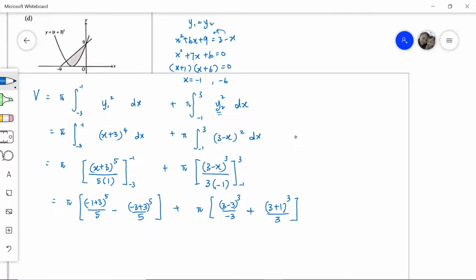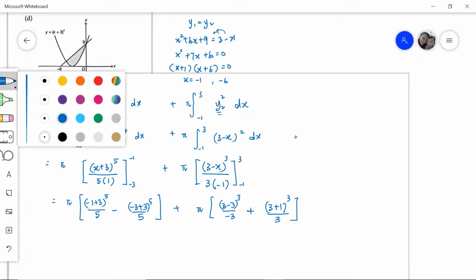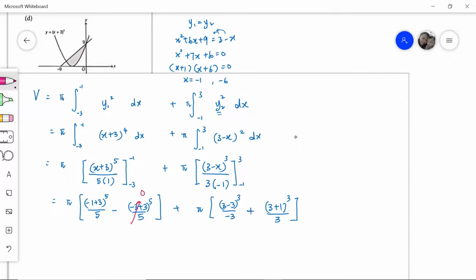Now, -3 plus 3 is actually 0, so this whole thing is 0. And 3 minus 3, this whole thing is also 0. So what we're left with will be pi times 3 minus 1, 2. So 2 to the power of 5, which is 32 over 5. And then we plus with this. 3 plus 1 is 4. 4 to the power of 3, 64 over 3.